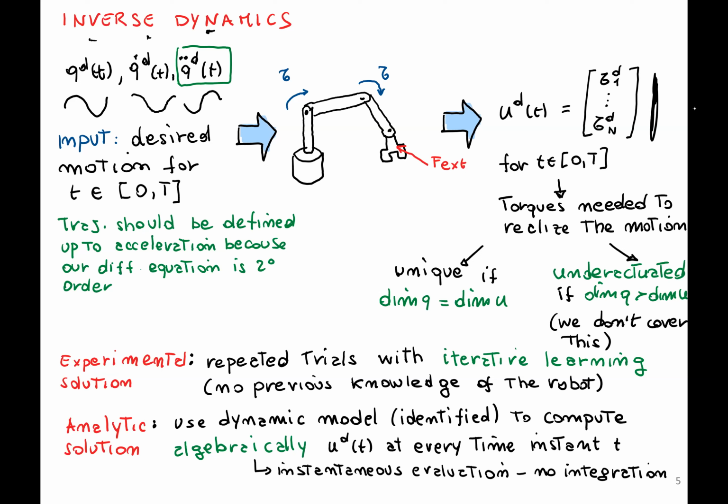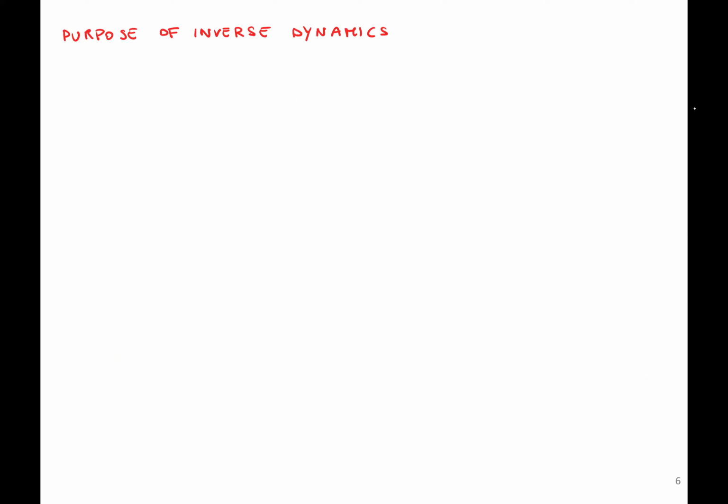There is no integration in this case because we are talking about an algebraic evaluation of the torques given the desired states. And inverse dynamics is used for model-based control whenever you want to have a controller that has a knowledge of the model of the robot. So rather than just relying on the feedback to track the desired trajectory, it is already providing the necessary torque to realize the motion.